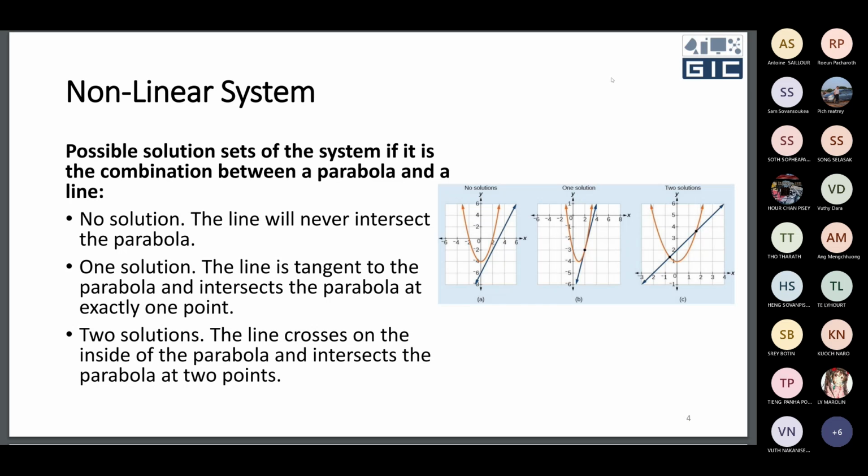The next one is two solutions. The graph of a parabola seems sometimes like a circle, so when a line crosses it, you have intersection at 2 points. Those 2 points make your two equations true at the same time.